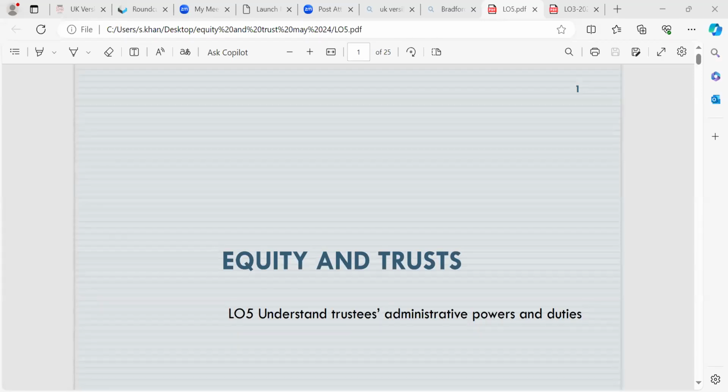We looked at 4.2, which was to appraise the application of the change of position defence. And we looked at another defence, which is estoppel, and referred to that with reference to National Westminster Bank plc.